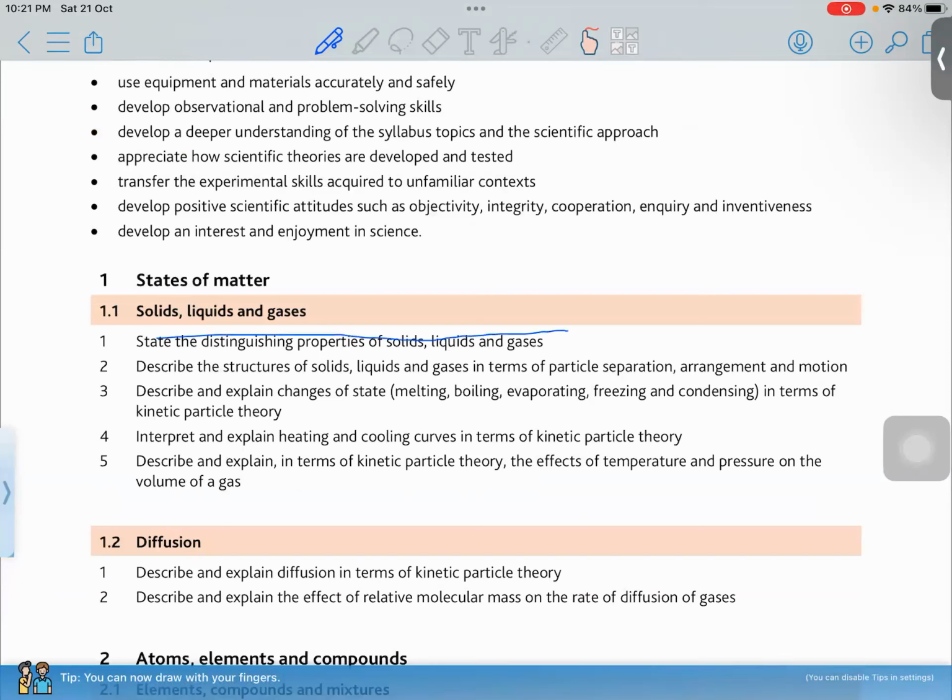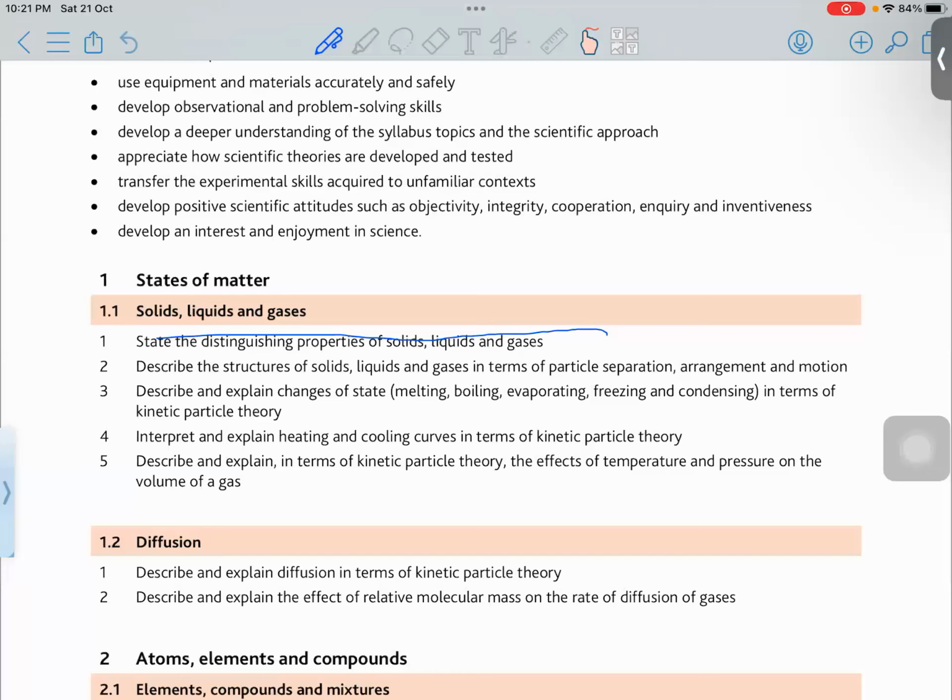We have completed this one. Describe the structure of solid, liquid, and gases in terms of particle separation. We have already done this one.